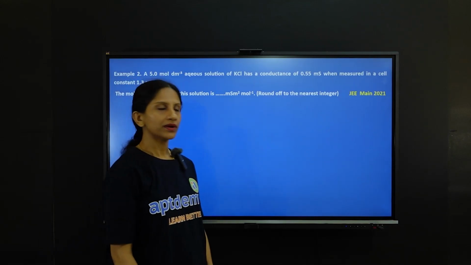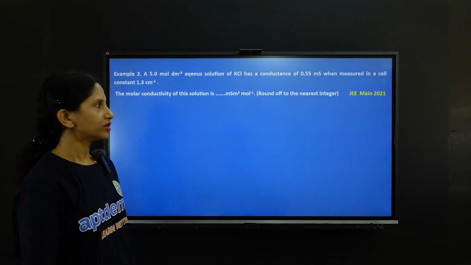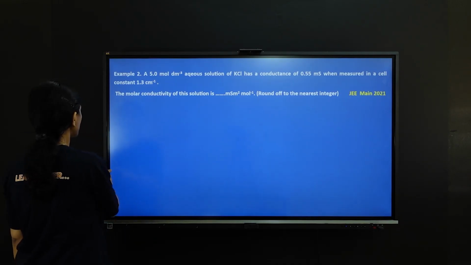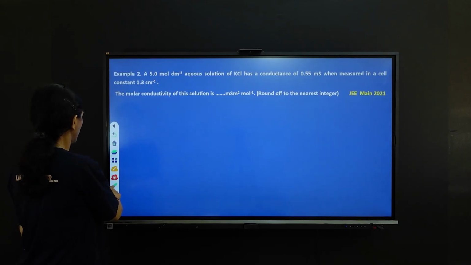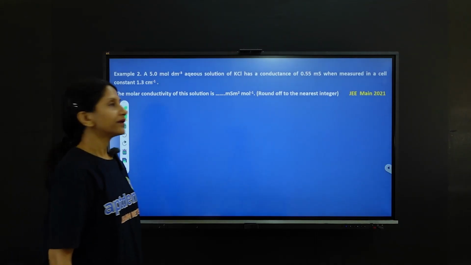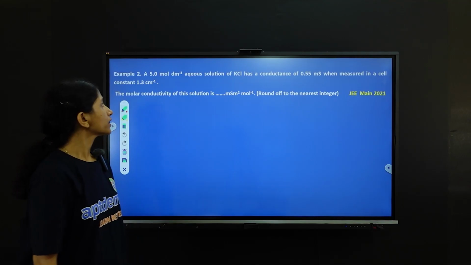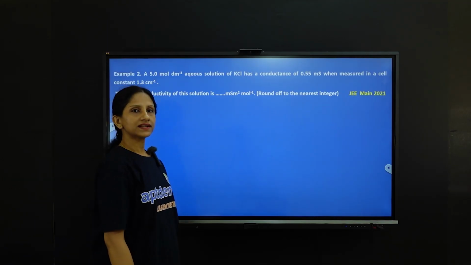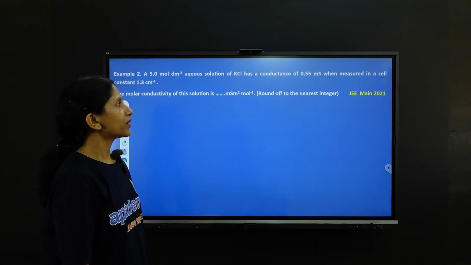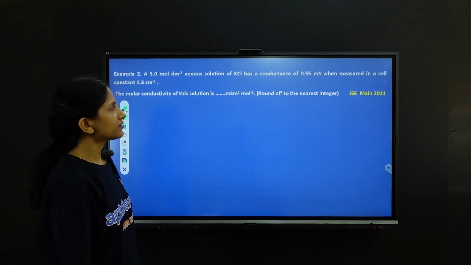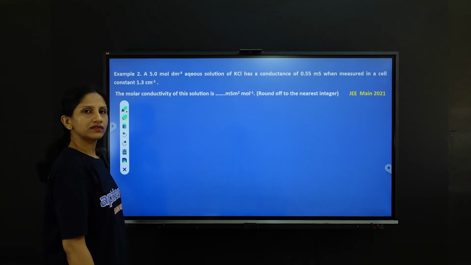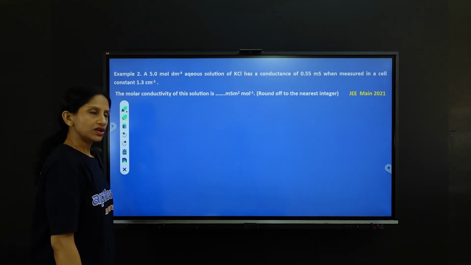This problem appeared in the JEE Main exam 2021. It is asking: a 5.0 mole per dm cube, or cubic decimeter, aqueous solution of KCl has a conductance of 0.55 millisiemens when measured in a cell constant of 1.3 centimeter inverse.